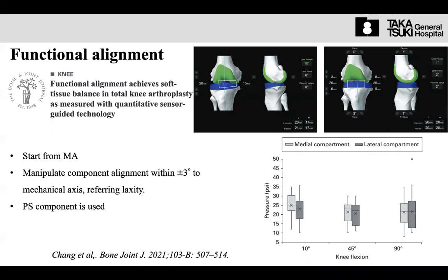Balance means equal medial and lateral, or slightly lateral loose, and equal and stable in every flexion angle. But ideally, extension is slightly tight and the flexion is slightly loose. Maybe that is ideal. But this is different between the CR and the PS.